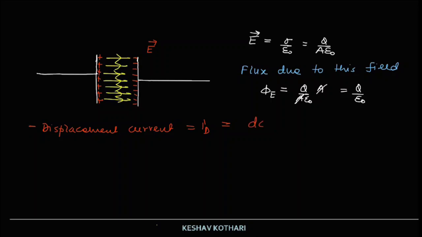So if we calculate d phi E by dt, we attain 1 by epsilon naught of dq by dt. Hence the displacement current, which originates because of dq by dt, is written as displacement current id equal to epsilon naught of d phi E by dt.